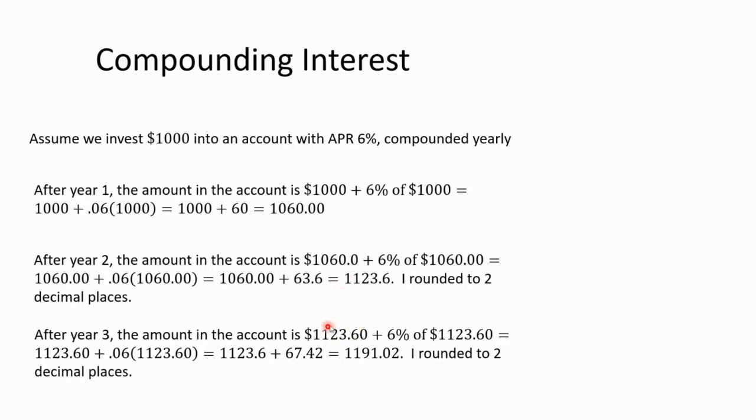So the interest now is 6% of $1,123.60. This is the interest we add on this time, which equals this. This is the old balance, how much was in there, plus the new interest, which is 6% of $1,123.60, which is 0.06 times this, which is equal to this.